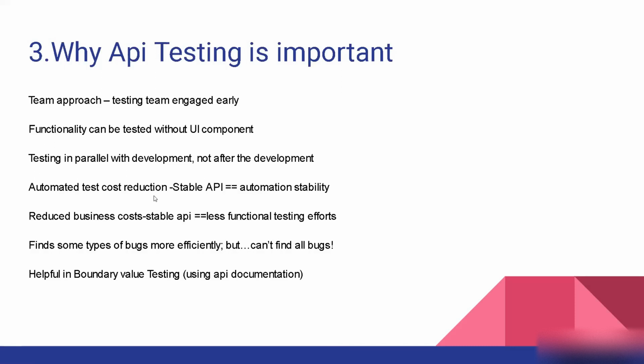Automated test cost reduction. So in automation, we'll talk about automation in a further session, but when we do the automation, UI tests are flaky, consume a lot of time and give you results in a very high amount of time. But in case of API, APIs are stable compared to UI, right?